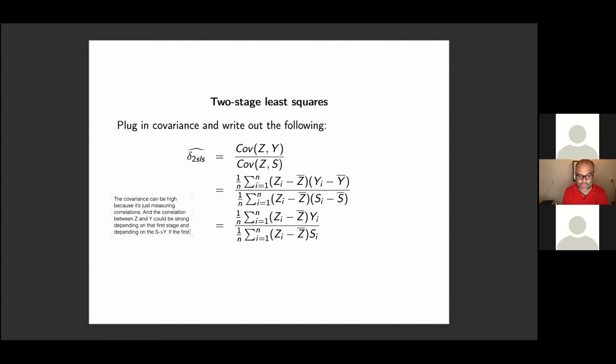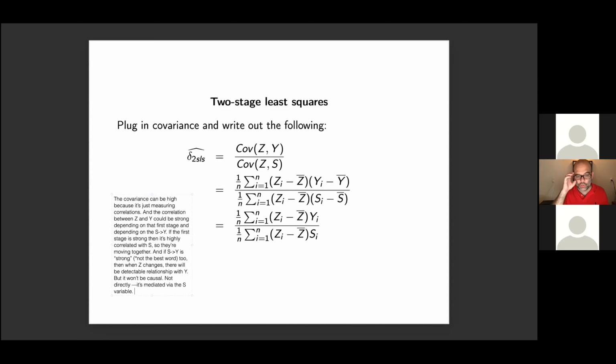If the first stage is strong, then Z is highly correlated with S, so they're moving together. And if S causing Y is strong too, then when Z changes, there will be a detectable relationship with Y, but it won't be causal, not directly. It's mediated via the S variable.